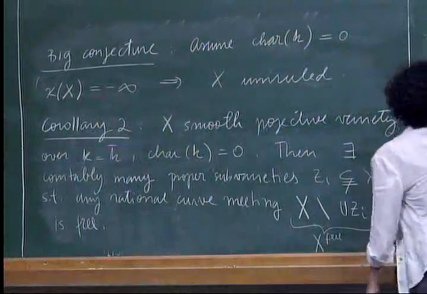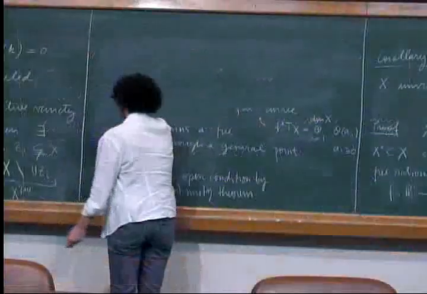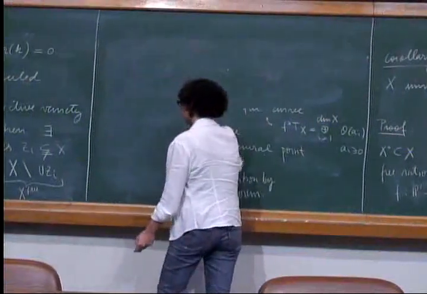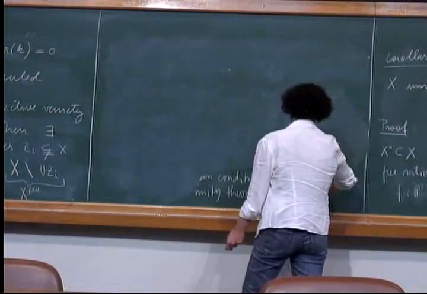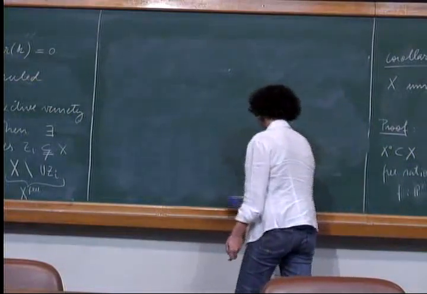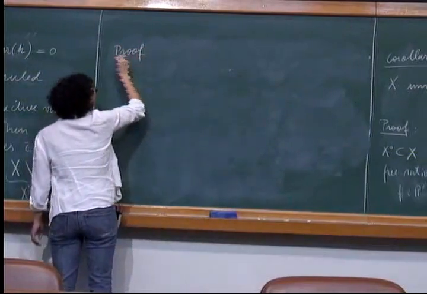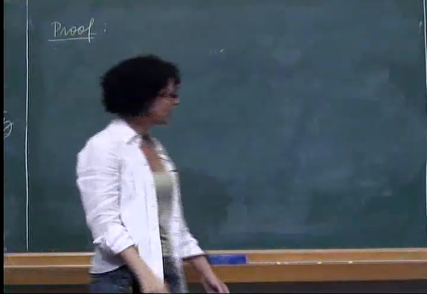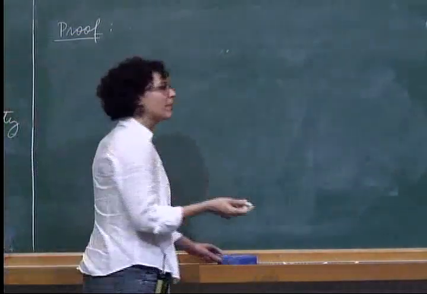Okay, so let's prove this. We know that the space of morphisms from P1 to X has countably many components.